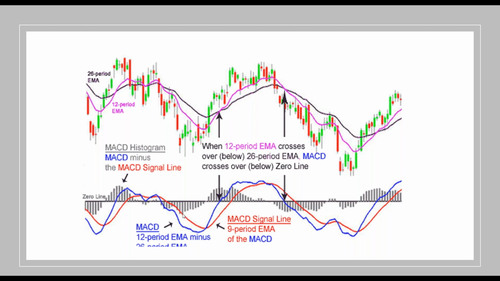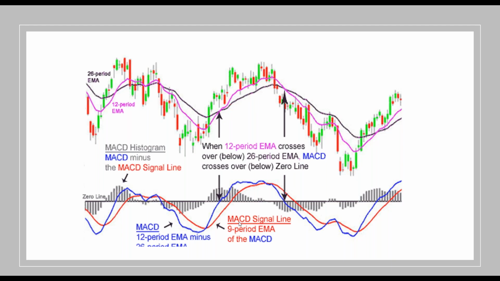So what we're looking for in the MACD indicator is ultimately the crossover between the signal line and the MACD line, because the signal line is exactly that. It is a signal. It generates a signal. It triggers something.